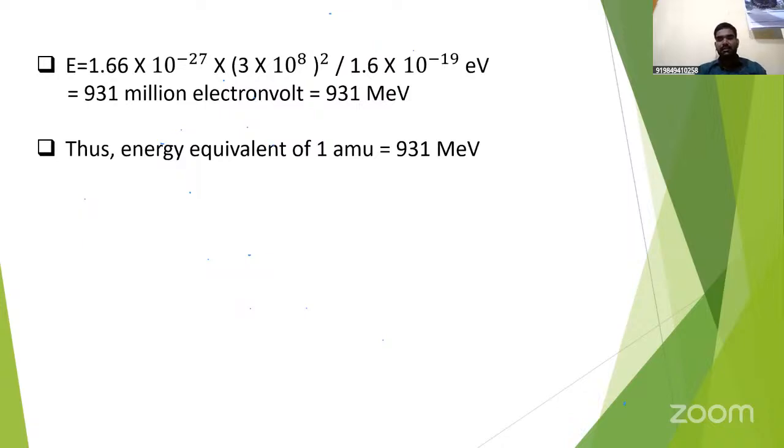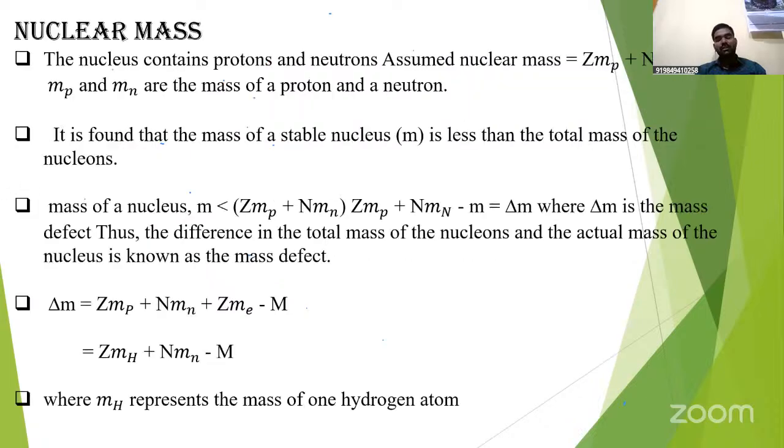And next, we have gone through the nuclear mass also. Nuclear mass is nothing but the mass of the protons plus the mass of the neutrons, but the mass of the nucleus is less than the mass of the protons and neutrons combined. The nucleons' mass is comparatively more than the mass of the nucleus, because when we combine the nucleons, there will be energy released.